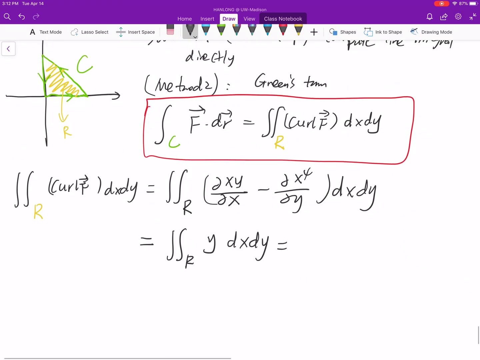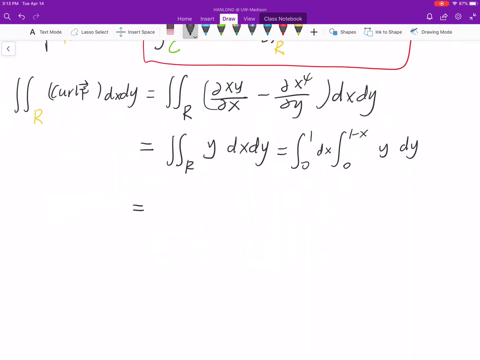If you view it as a type 1 domain, x is from 0 to 1, and y is from 0 to 1 minus x, y dy.